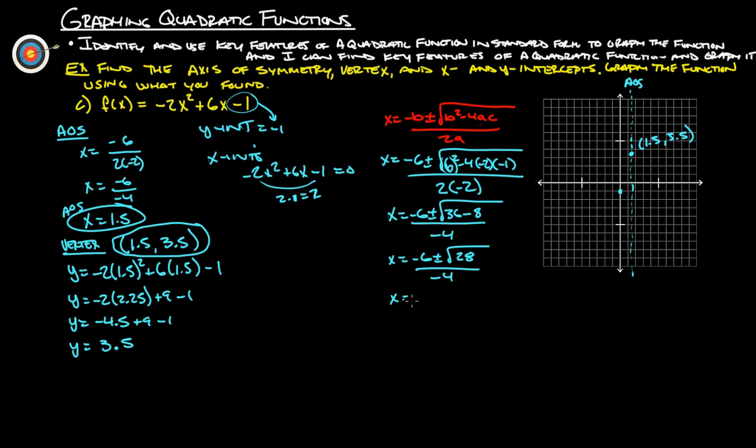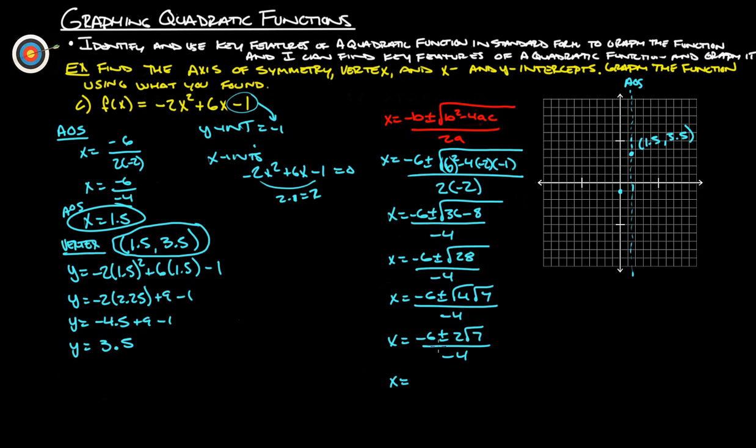28 actually breaks down into 4 times 7, and 4 is a perfect square, so this is going to be negative 6 plus or minus 2 root 7 over negative 4. Ignoring the root, negative 6, 2, and negative 4 all have common factors of 2.